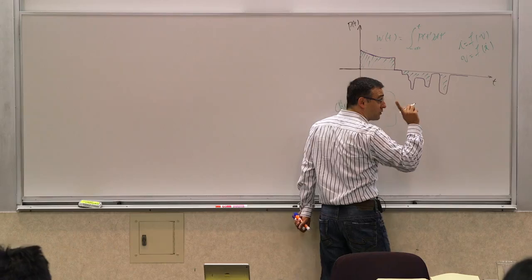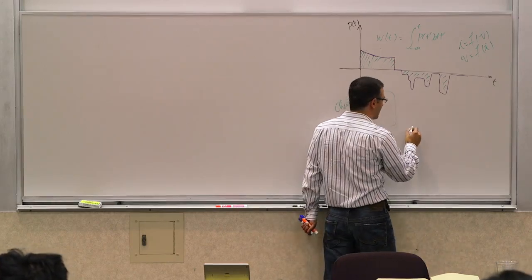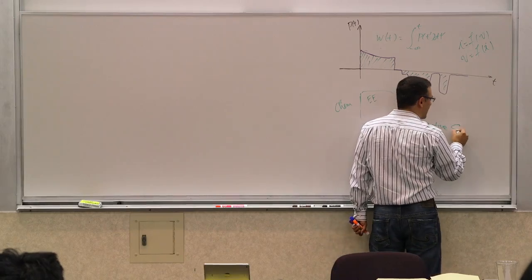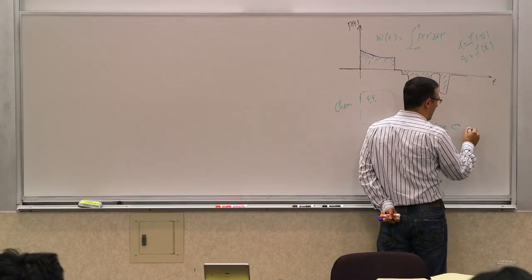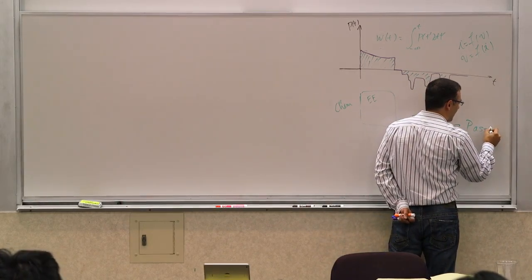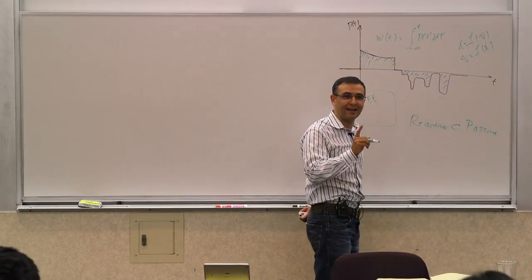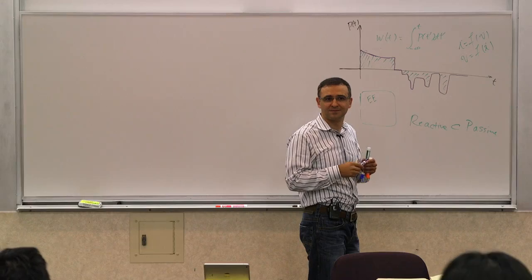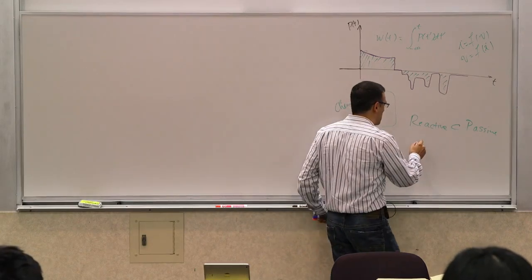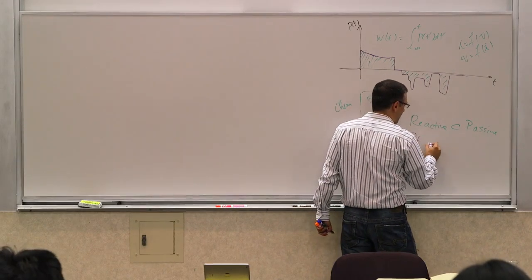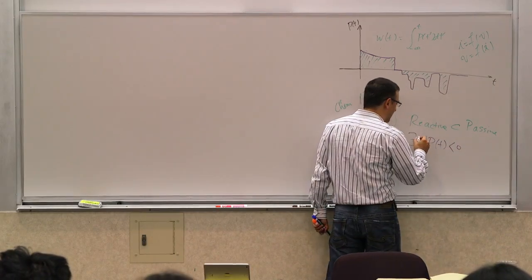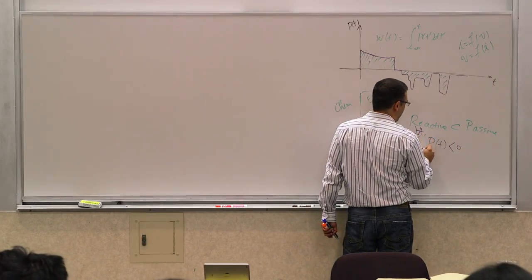But so you could actually define reactive as this. Reactive is a subset of passive. However, it has an extra condition. What is that extra condition? There exist times where P of t is negative, while for all time, I'm writing using mathematical notation.